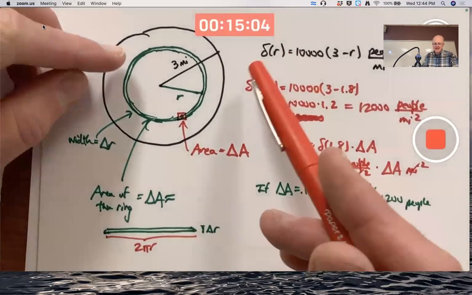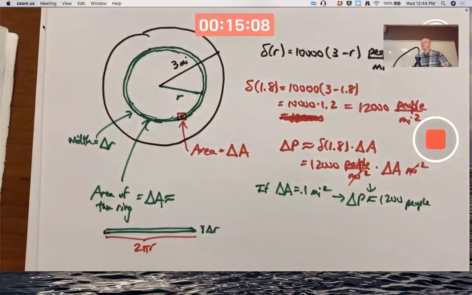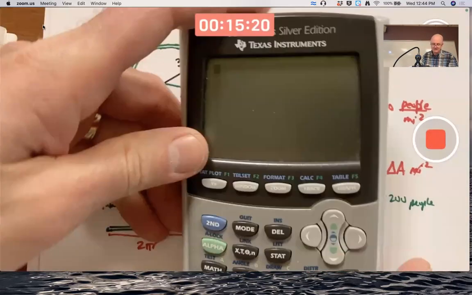Technically speaking, you could say it's the area of the outer circle minus the area of the inner circle. You could use the formula for the area of circles and subtract. And you'd get a squared term. In fact, you get delta r squared in there somewhere. But if delta r is really small, delta r squared would be really small.